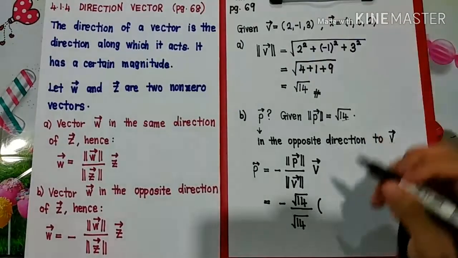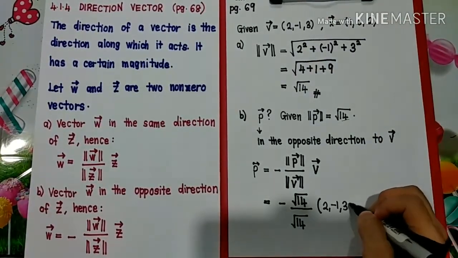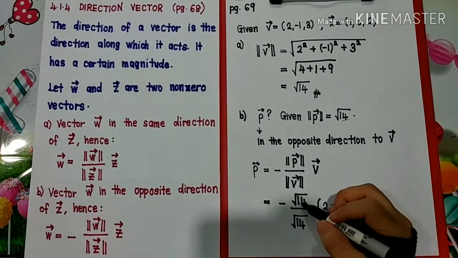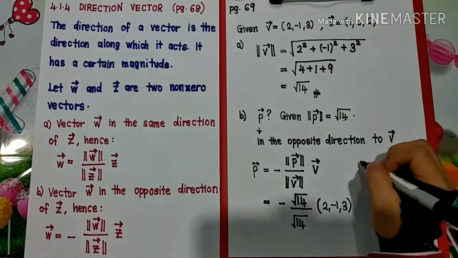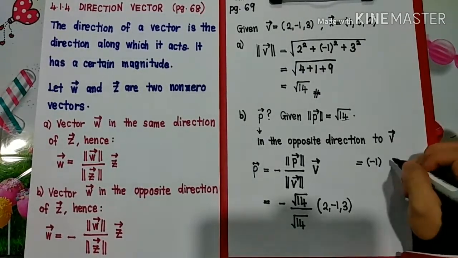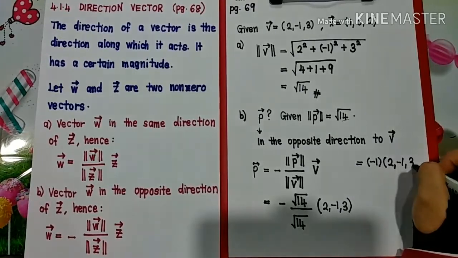So vector V is (2, -1, 3). Okay, so now we can solve this one. Square root 14 divided by square root 14, you will get -1, and then we multiply with (2, -1, 3).